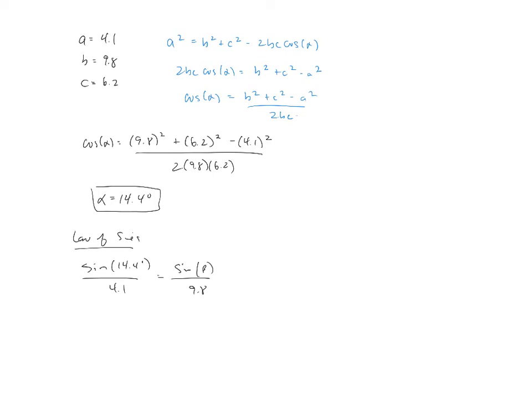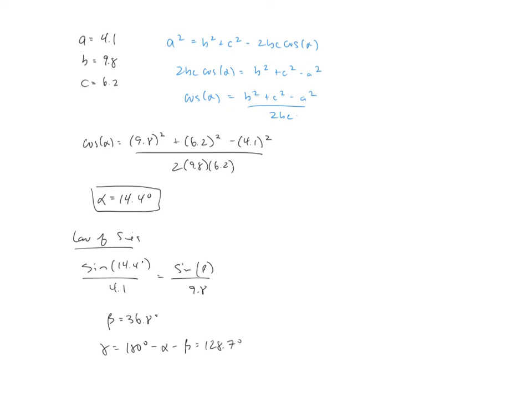Now, when we solve this, we actually find out that beta is going to equal 36.8 degrees. You might not think that's very alarming at this point, but if I now find gamma as 180 minus alpha minus beta, that's going to give us 128.7.